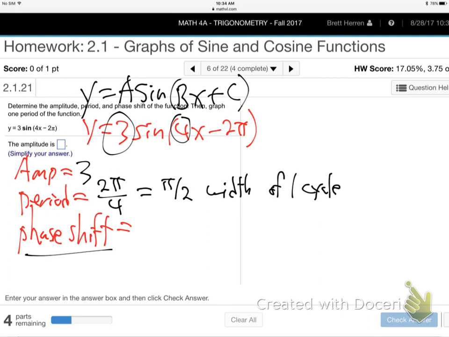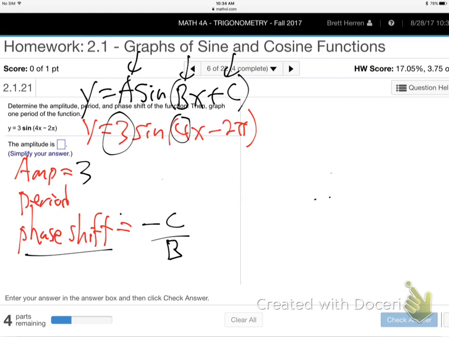Call whatever's in the front A, call whatever's multiplying x B, and whatever's added or subtracted afterwards, call that C. The phase shift, now, remember how it's opposite? It's negative C over B. And period, if I wanted to write a nice period formula for you, our answer was right, but let me write it in the new formula format. It'd be just 2 pi over B. I called it W before.